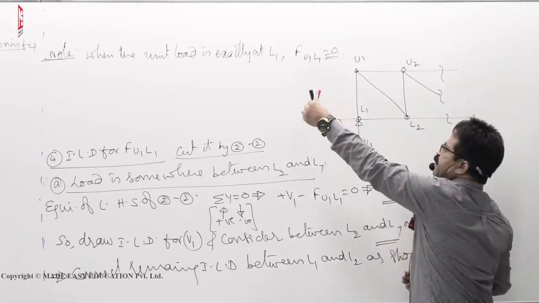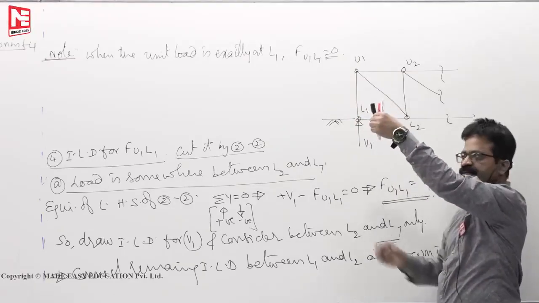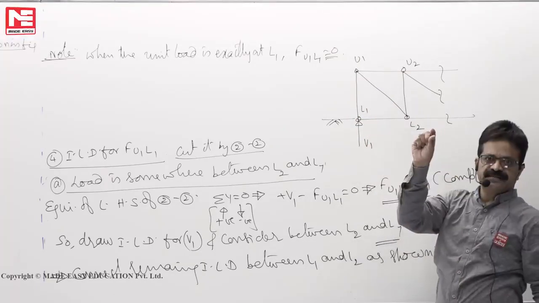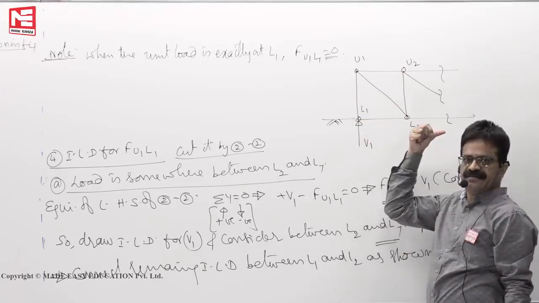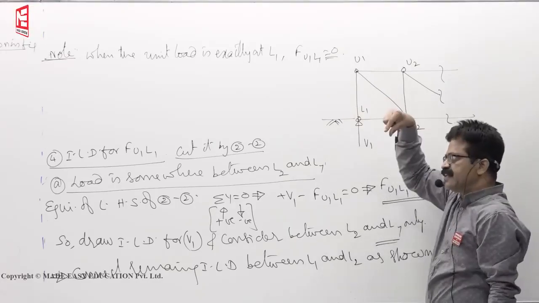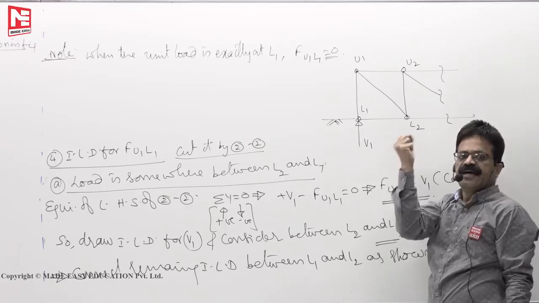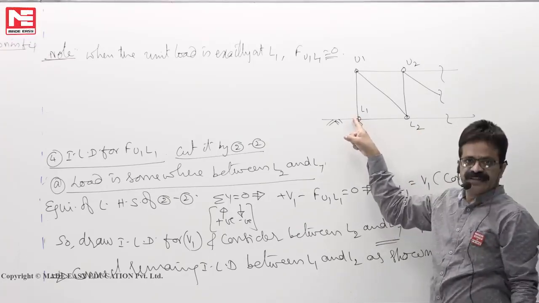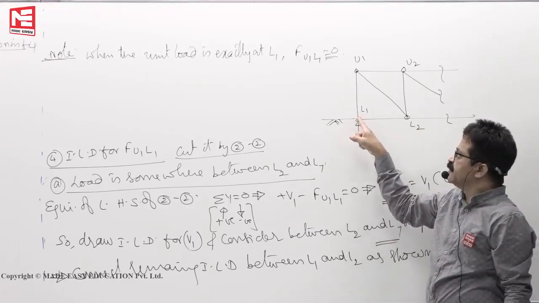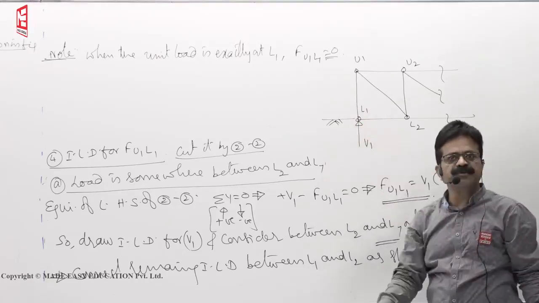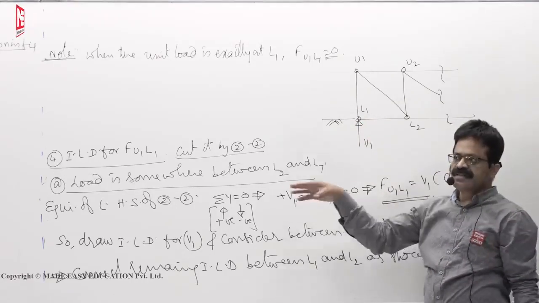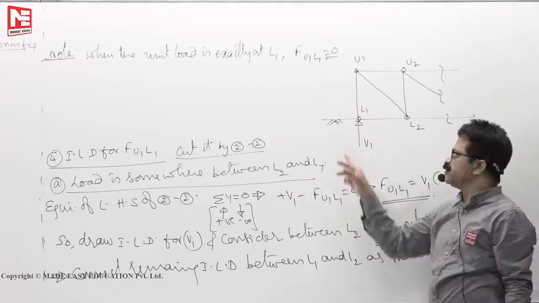When load enters the bridge, it enters on the cross girder because it's moving on the rail. So first it enters the cross girder. The entire load is taken by the cross girder and transferred to the truss joint. And that truss joint is resting on the support itself. So the cross girder directly transfers load to the support itself.